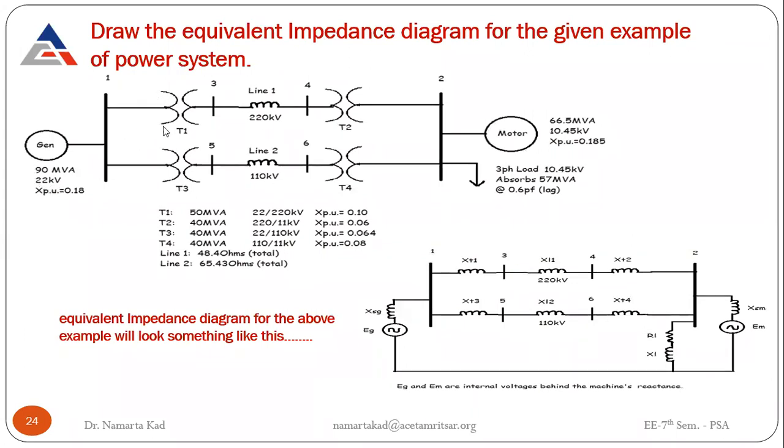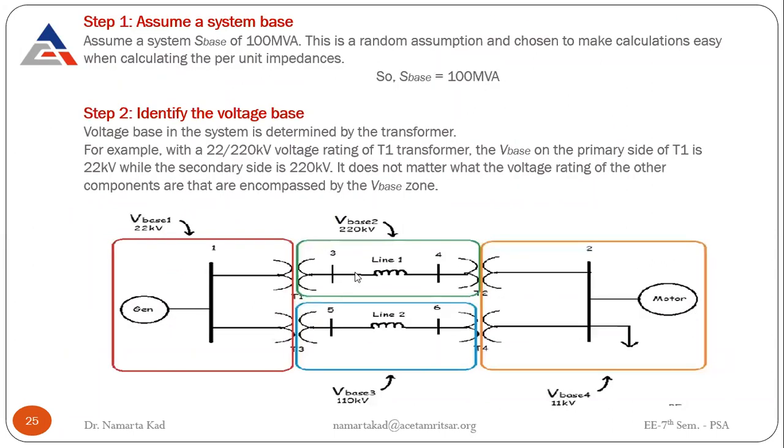Both transformer primaries are 22 kV, so we are going to choose the base voltage on this side as 22 kV. On the middle section, line 1 works on 220 kV.